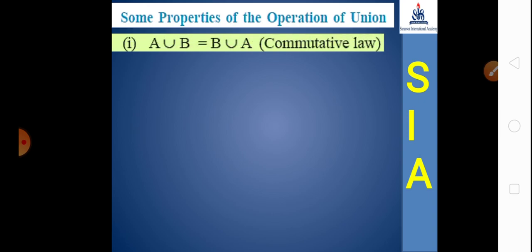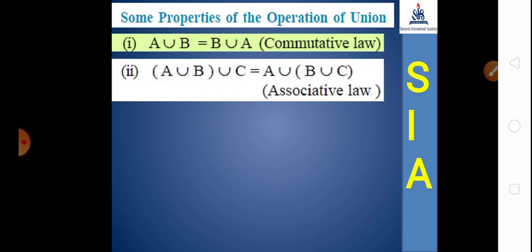First of all, A union B equals B union A. You calculate both the left hand side and right hand side, and always both answers are the same. This is rule number 1, the commutative law. Second, (A union B) union C is equal to A union (B union C). Here also you calculate left hand side and right hand side, both answers come the same, and this rule, learn by heart, is the associative rule.